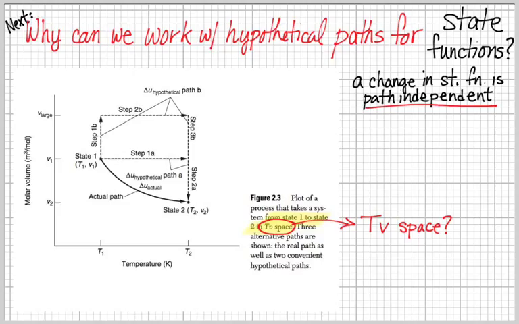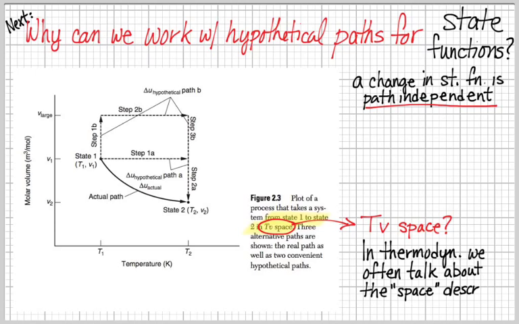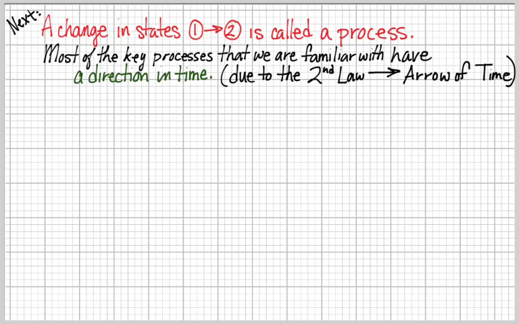But changes in parameters get specified. So temperature volume space, pressure volume space plots are going to pop up all over this class. The idea here is that we're talking about the space described by variables. This is an abstract space, so temperature volume space and pressure volume space come up quite a bit.